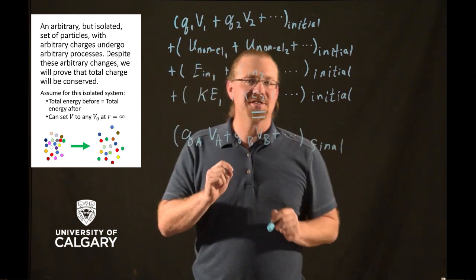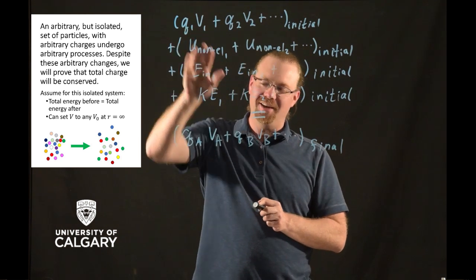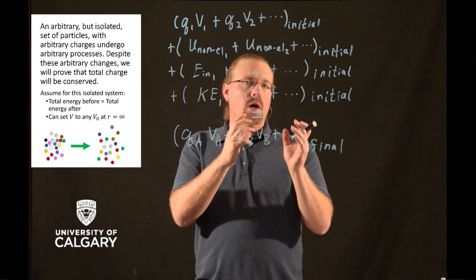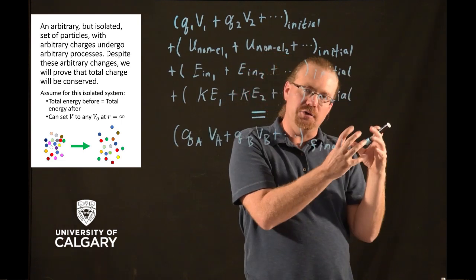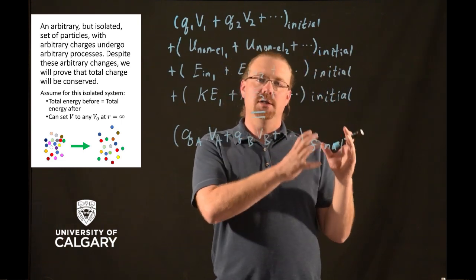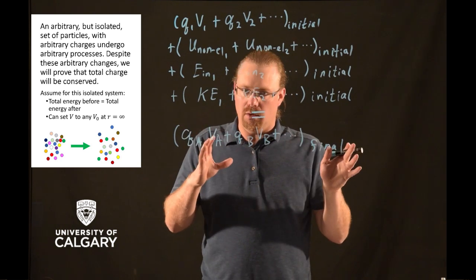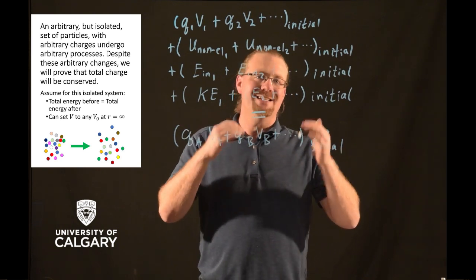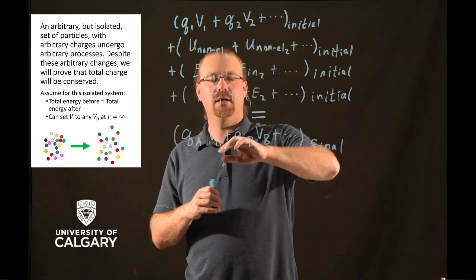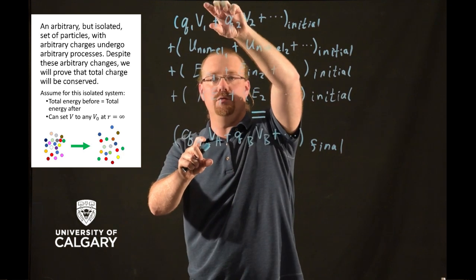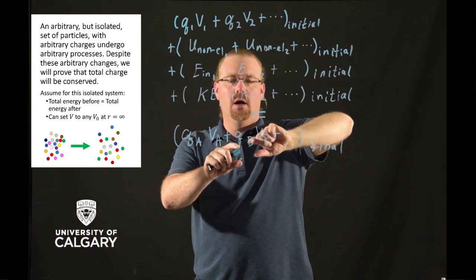Now, note that we started off using 1 and we're ending using A. The reason for that is that we don't know whether the electron we're seeing in our final system is going to be the same as the electron that we saw in our initial system, or our quark, or our whatever particle we have. So we have to come up with a different convention, which means that A will experience potential A, which is different from V1, potentially.